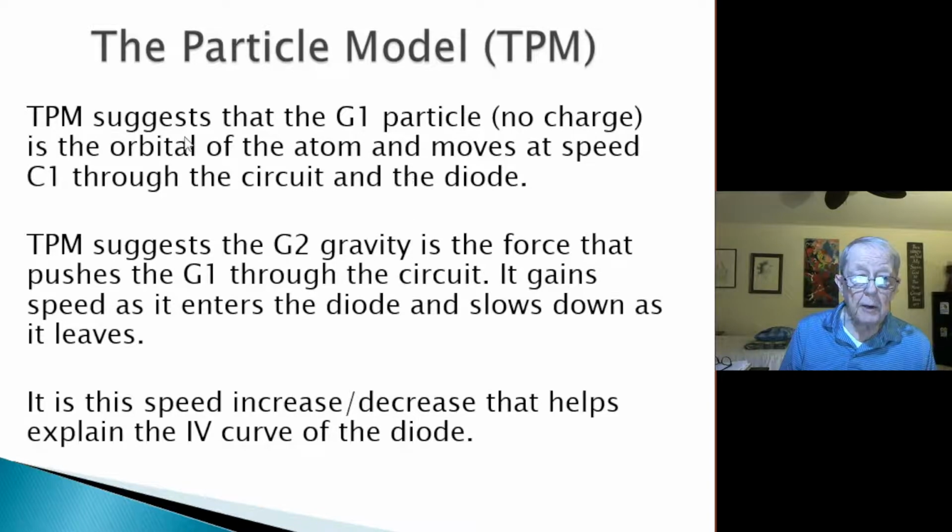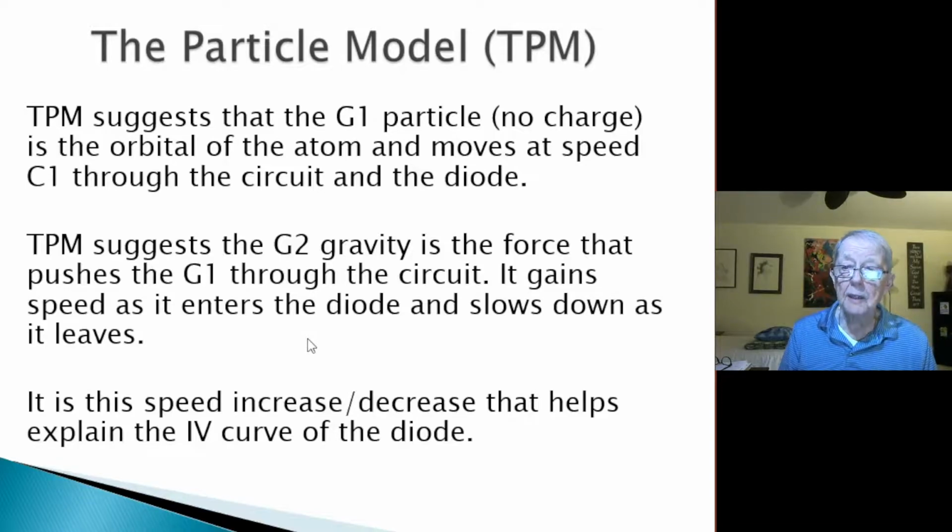The particle model, on the other hand, suggests that the G1 particle with no charge is the orbital of the atom and moves at speed c1 through the circuit and through the diode. TPM suggests that G2 gravity is the force that pushes the G1 through the circuit. It gains speed as it enters the diode and slows down as it leaves.